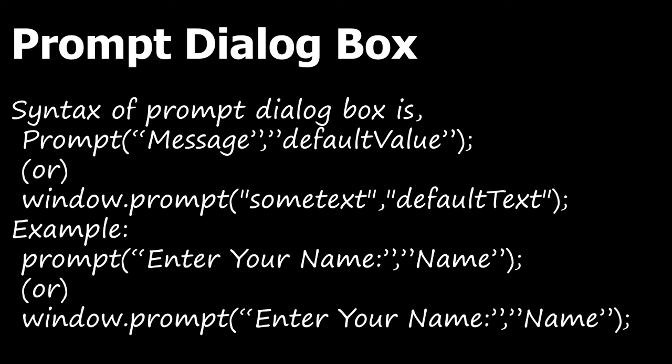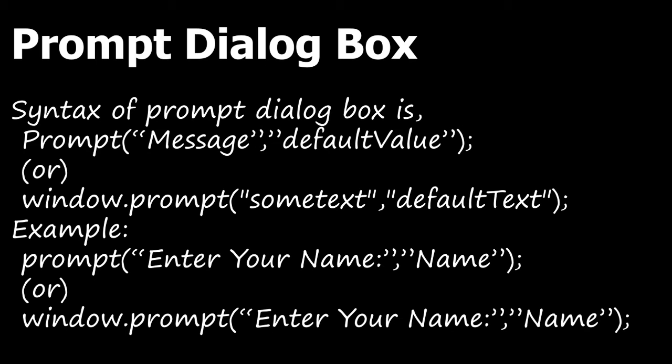Here you can see it has two parameters, right? Inside prompt we are opening the bracket, inside that, inside double quotes, first message, then comma, inside another double quotes, the default value or the default text will be there, right?